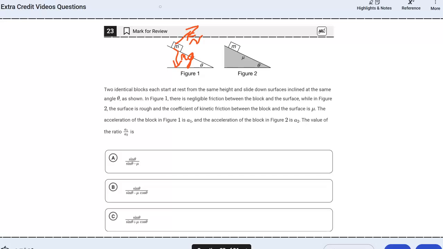So what we need to do is break this weight force into components. A perpendicular component, and a parallel component. The perpendicular component is mg cosine theta, and parallel is mg sine theta.